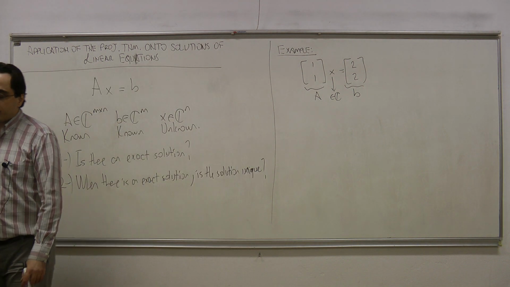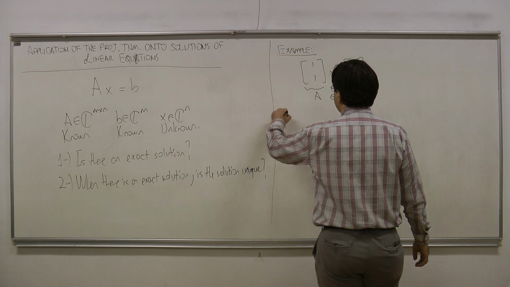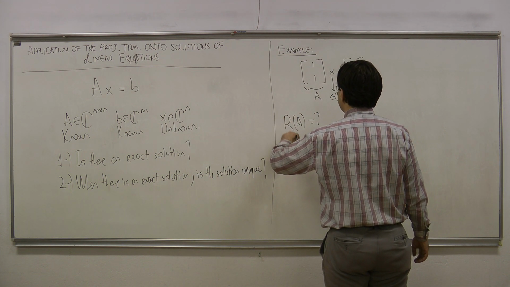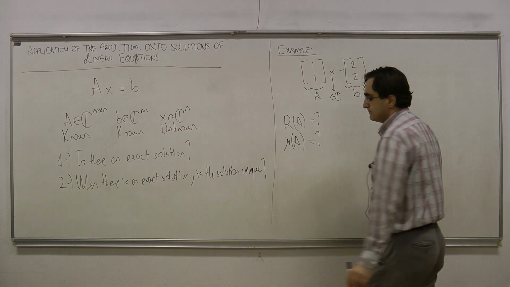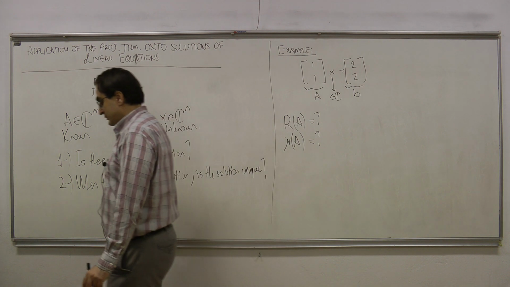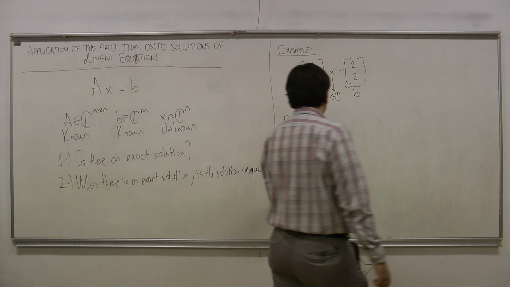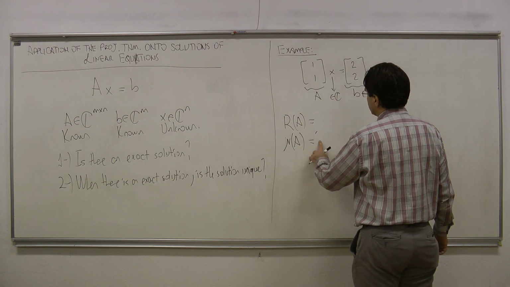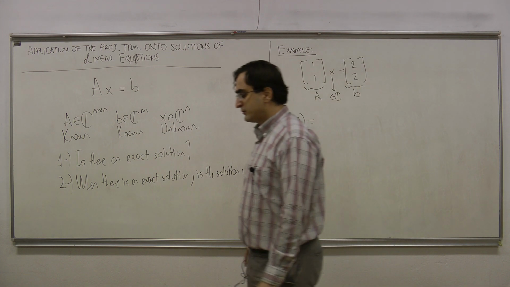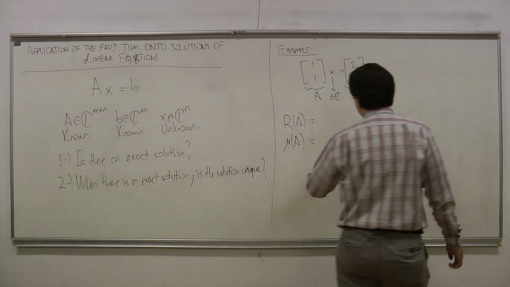So I will first ask the following question: what is the range space of A and what is the null space of A? I will first define these concepts. Of course, you know them by now from the earlier material in this course and from the linear algebra course that you have seen in your undergraduate studies. But here, let me write what the definitions were.